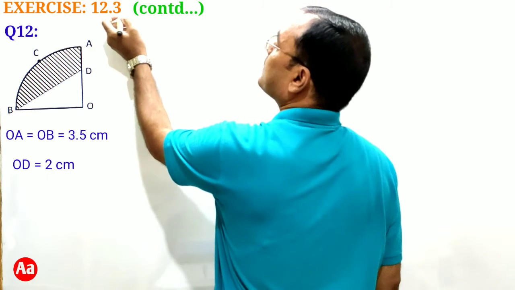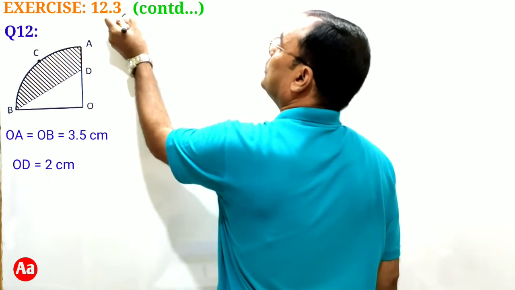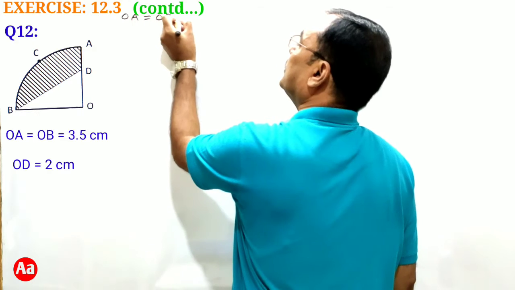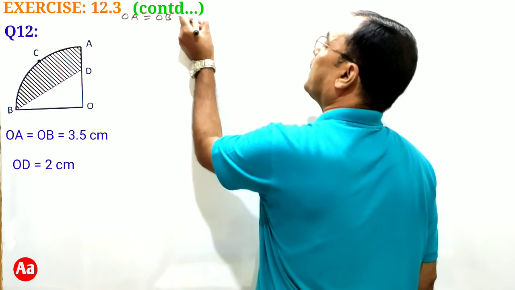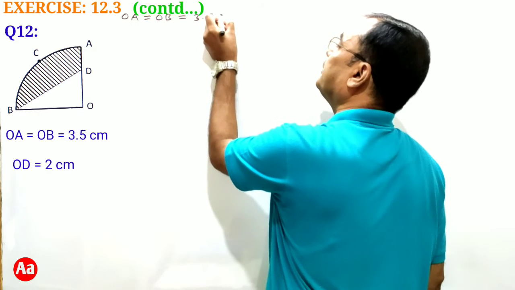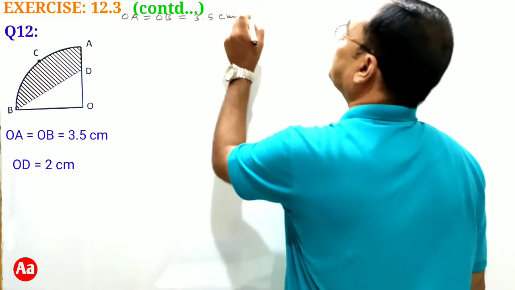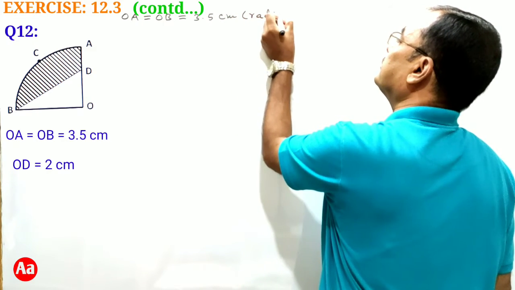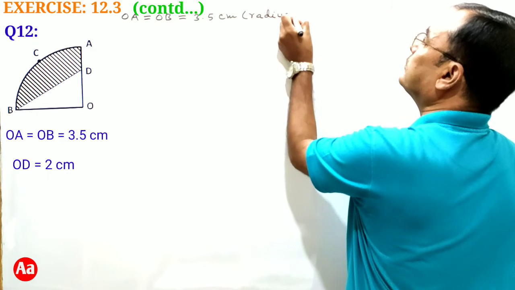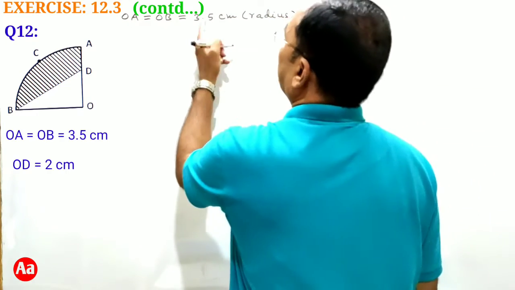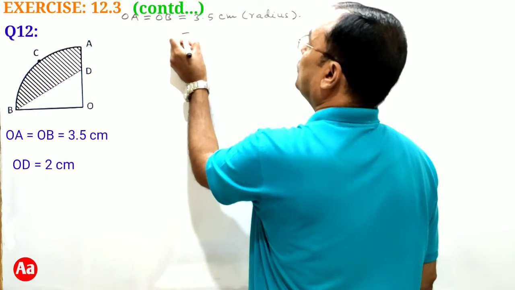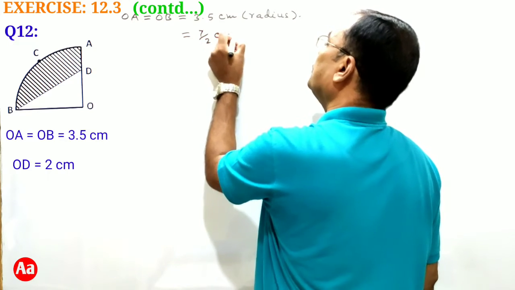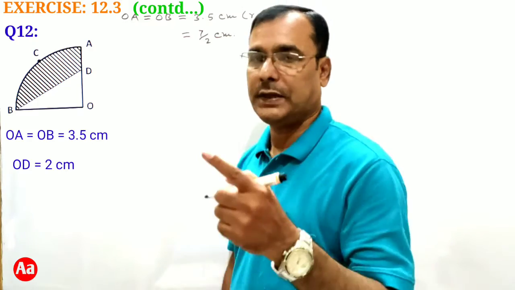O is the center, so OA will be equal to OB, and this will be equal to the radius, 3.5 centimeter, the radius of the quadrant. This 3.5 centimeter we can write as 7 by 2 centimeter for easy simplification.